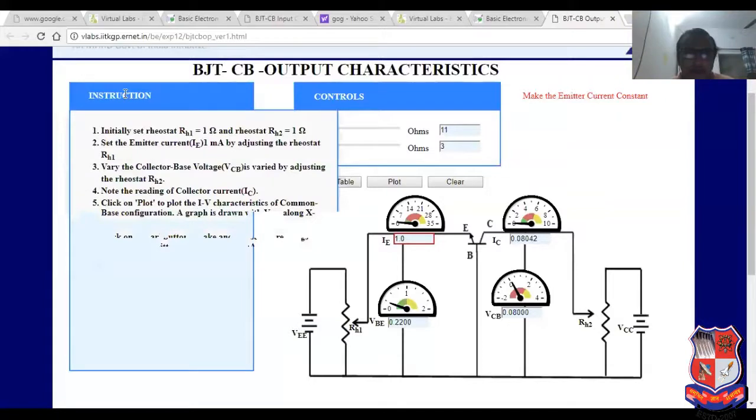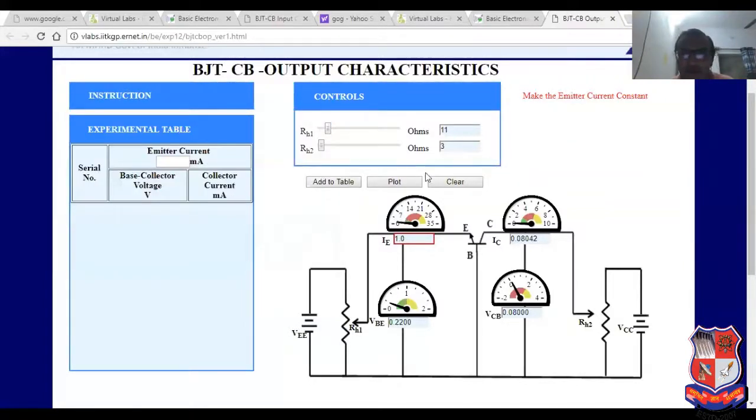See this, read the instruction. VCB is changed. See this, still IC current flows in the circuit. And if VCB is increased, then IC is not dependent on VCB. See this, VCB is increased to 3 volt, 4 volt, then IC is constant.